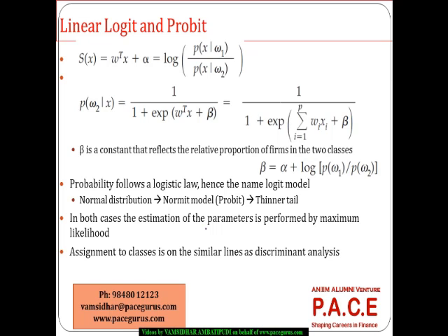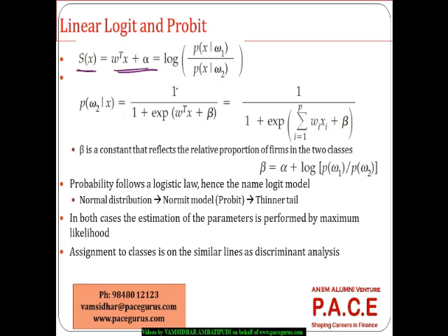Similarly, a small improvisation over linear discriminant analysis itself comes out with Logit and Probit. If you look at it, the same S of X, which was the score where we used W transpose X plus alpha, I am able to write as the probability of X given omega 1 divided by the probability of X given omega 2.